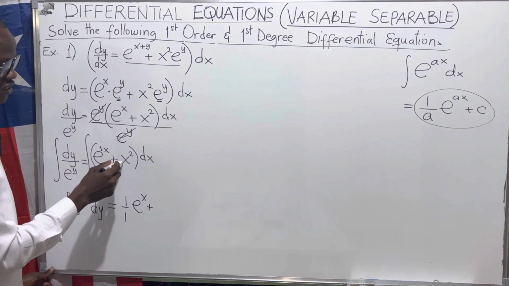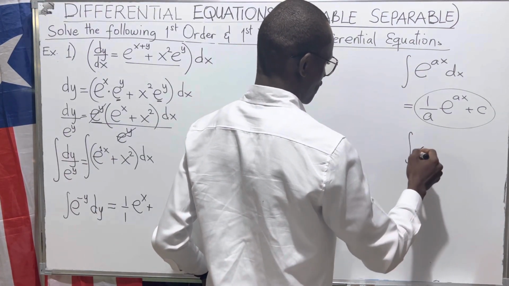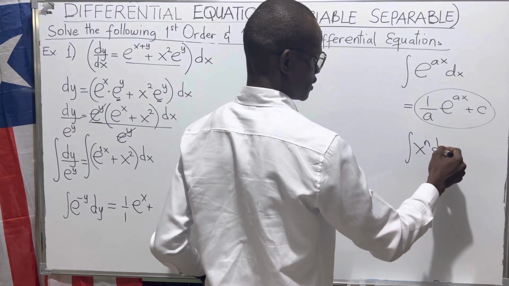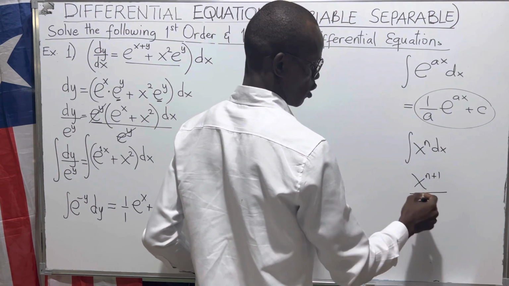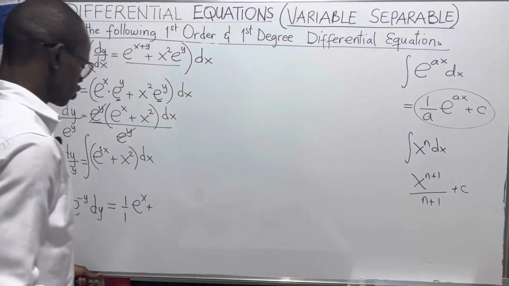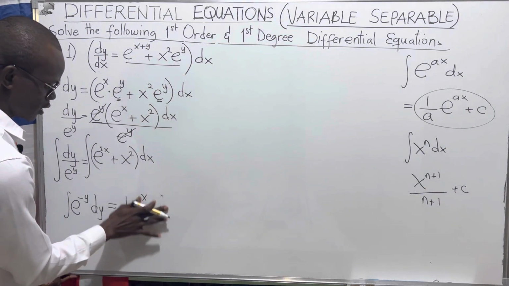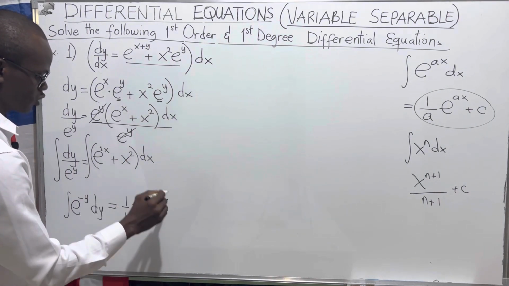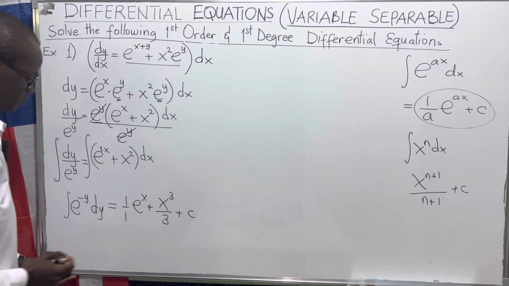Now the integral of x squared. We know that the integral of x raised to n dx is just equal to x raised to the power n plus 1 all over n plus 1 plus some arbitrary constant c. So the integral of x squared is just x raised to the power 2 plus 1, which is 3, plus some arbitrary constant c.